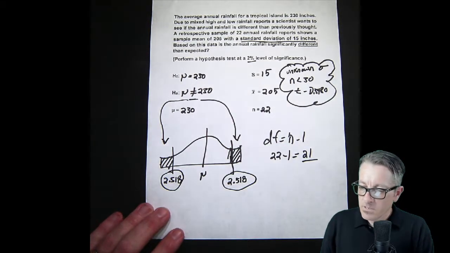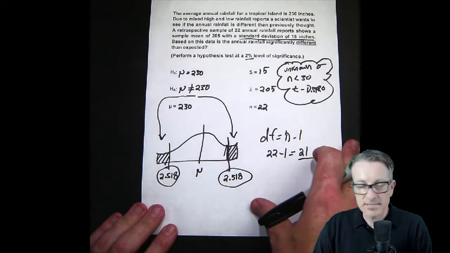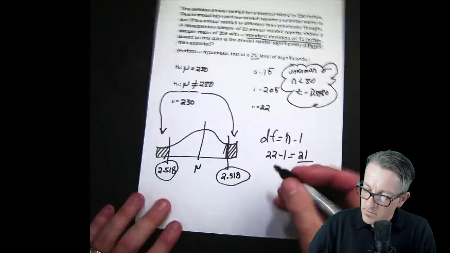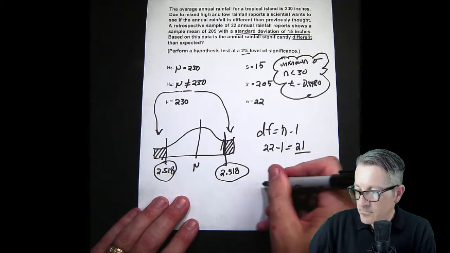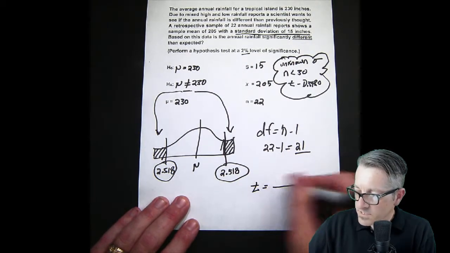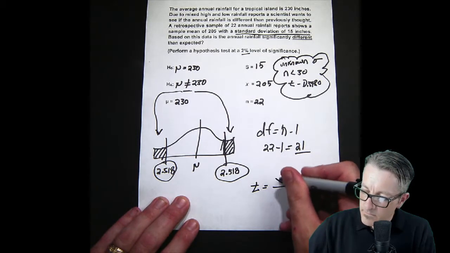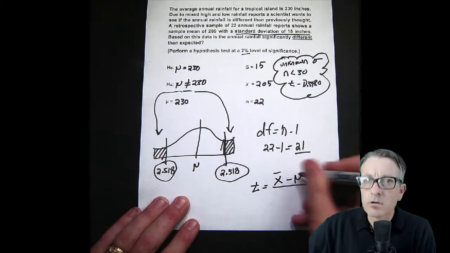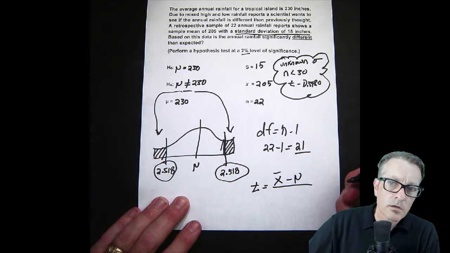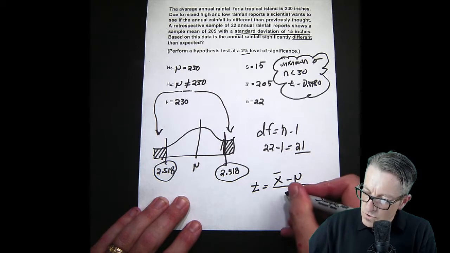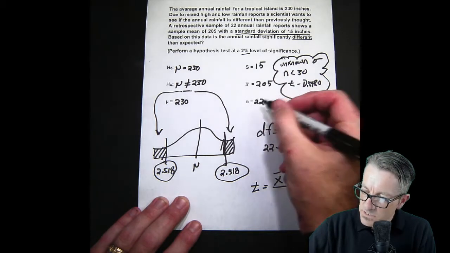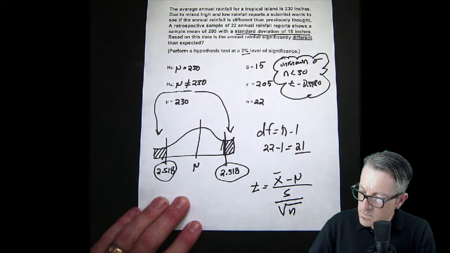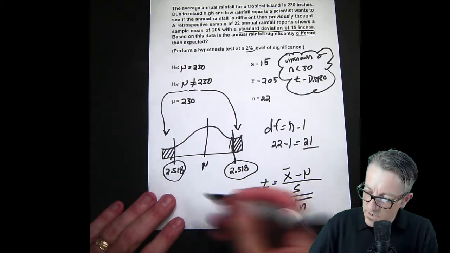Okay, so now all that we need to do is calculate our test statistic, the t-score. This is very similar to the formula that we use for the z distribution. Let's see, standard deviation. Oh, it's s over the square root of n. So running out of space, writing a little big.